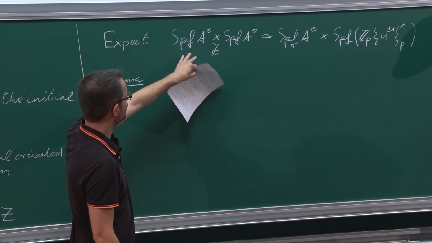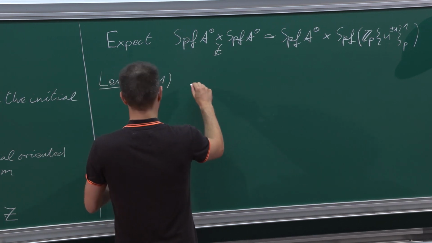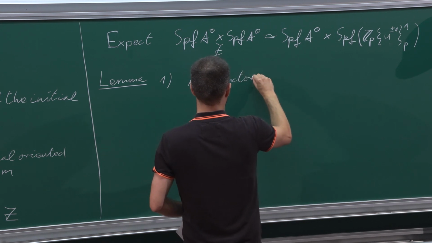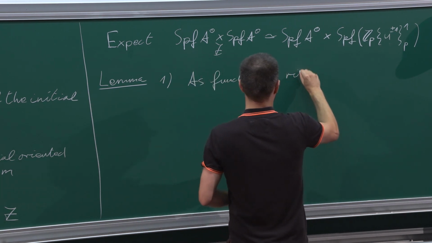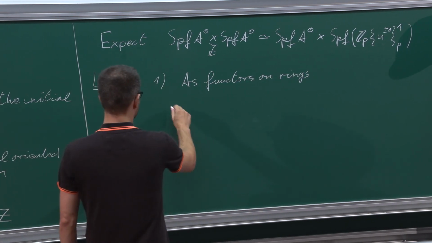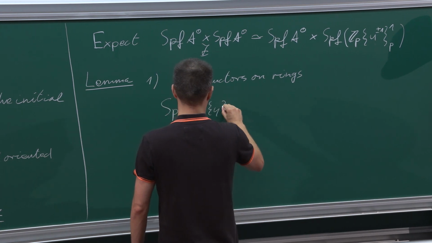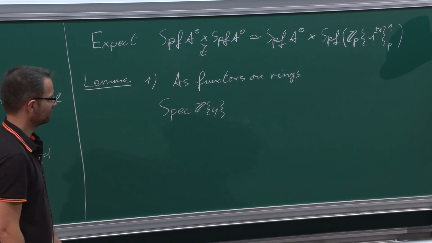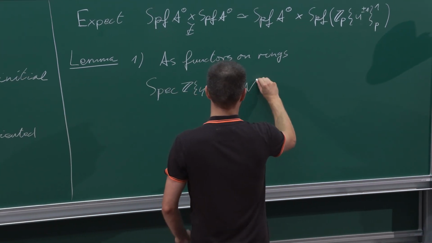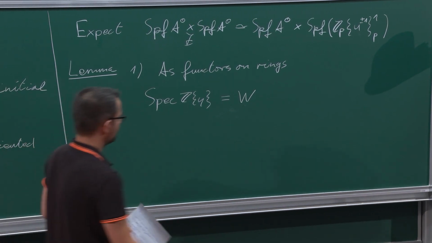And so, in order to derive this, let's first analyze the Spf of A0. And so for this, I want to note the following. Namely, as a functor on rings, the spectrum of the free delta ring on one element just identifies with the functor of p-typical Witt vectors.